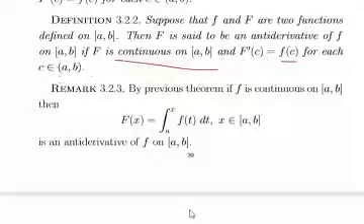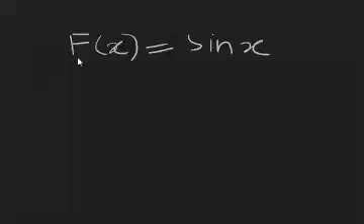interval, right? So let's try to understand. I think most of you know this definition very easily, so let's discuss by using an example. So consider uppercase F of x is sine of x, right?